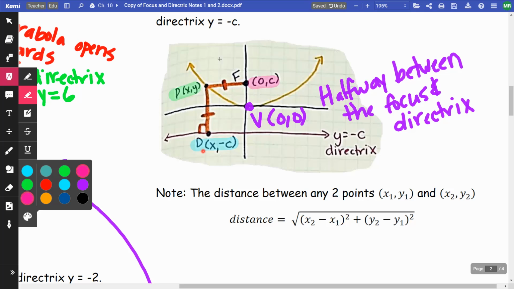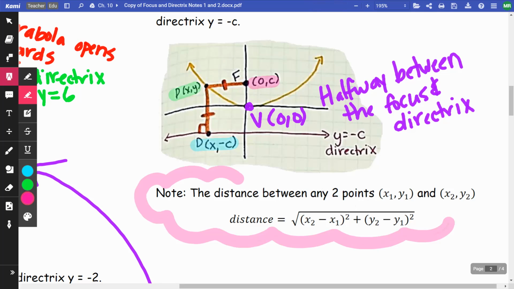By definition, the distance from P to D, P being a point on my parabola, to my directrix, which is coming straight here to D, has to be the same distance as the same point is to the focus. And I wrote the distance formula here for us. If I have 2 points, x1, y1, x2, y2, I subtract my x's and square them. I subtract my y's and square them.